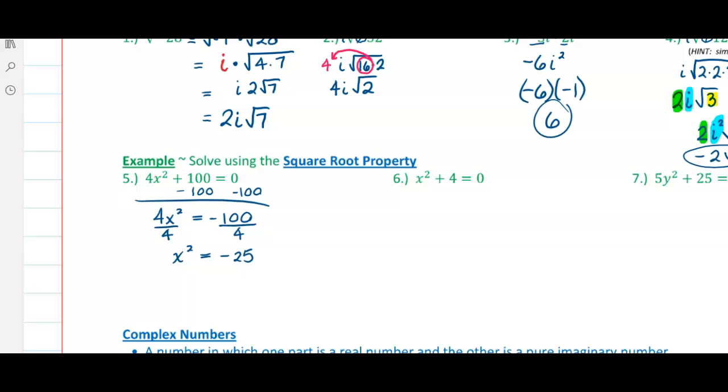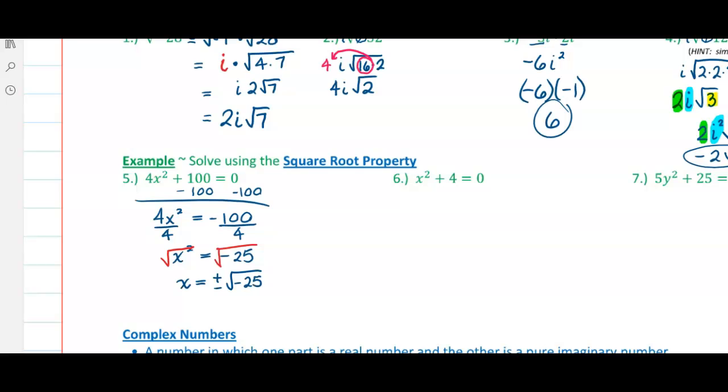Now the only way I can get rid of this square for the exponent is to take the square root and it wipes it out. But if I do it on the left, I do it on the right as well. When you take the square root of a number, you always put plus or minus and then the radical.